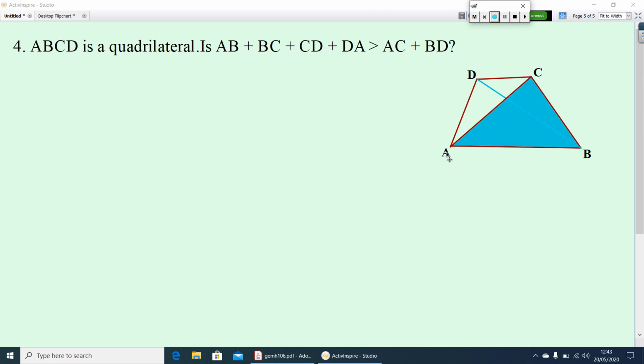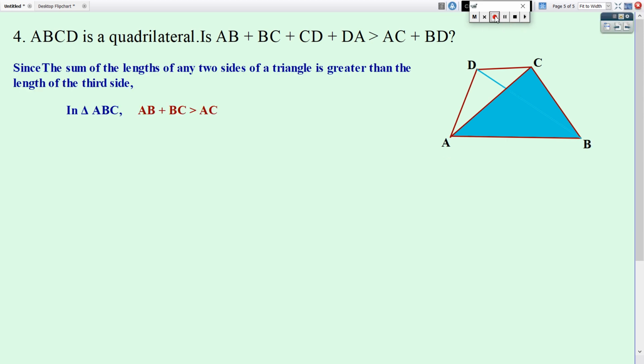Now consider the triangle ABC. If you get one triangle, you can apply that the sum of the lengths of two sides is greater than the third side. So in triangle ABC you can write AB plus BC greater than AC.